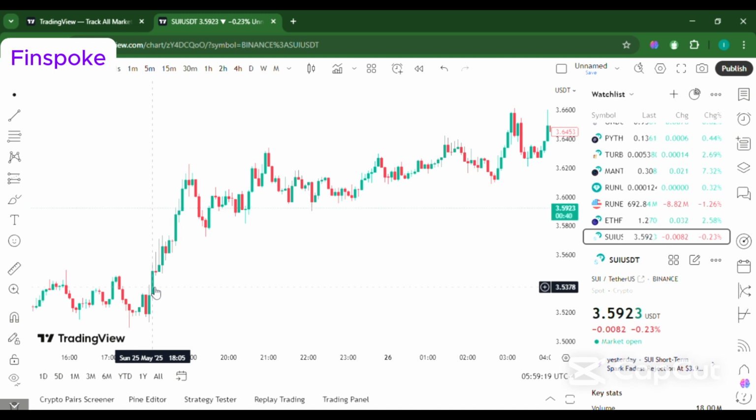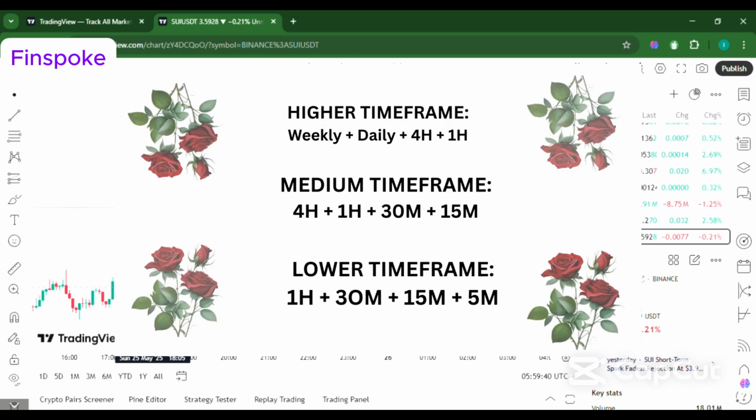We have three segments of time frame in the market. First is the higher time frame, second is the medium time frame, and the third is the lower time frame. Now, each of them has its own use cases. Now, the higher time frame starts from weekly to daily to 4 hours and to 1 hour.